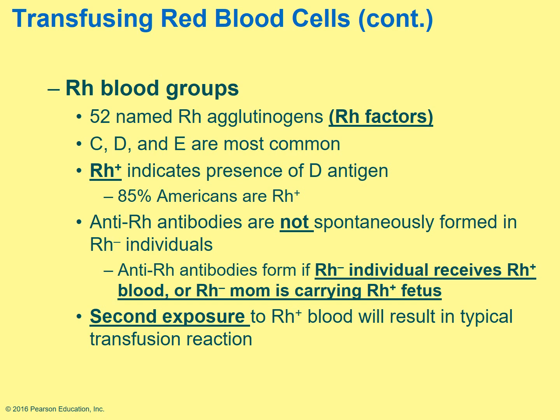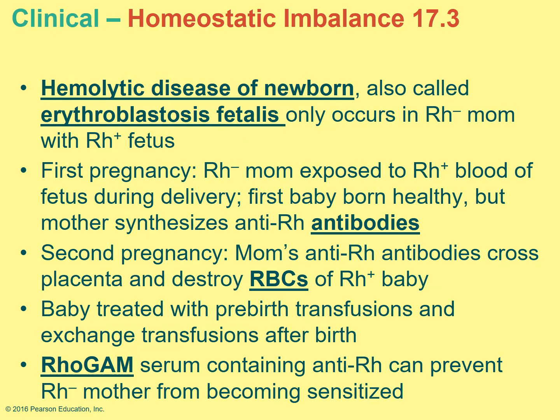When does this play a problem? If somebody is Rh negative, the most common problem is when a mother is carrying an Rh positive fetus. It is known as hemolytic disease in the newborn. The first pregnancy in which an Rh negative mother is exposed to Rh positive blood is usually not going to be a problem in terms of the baby or the mom.